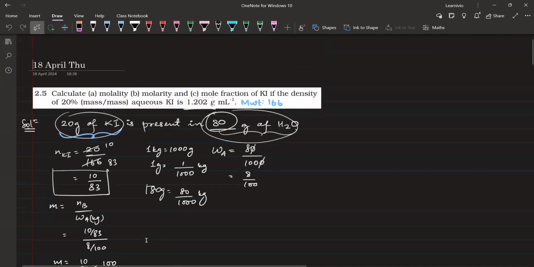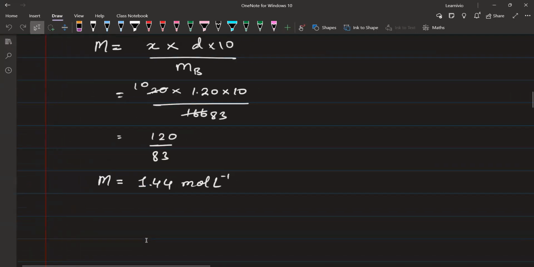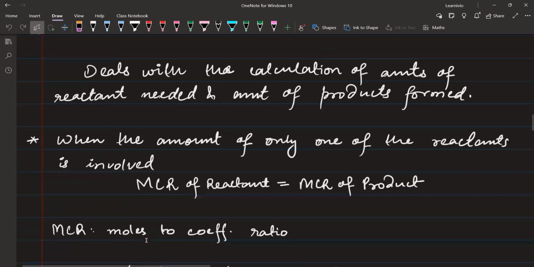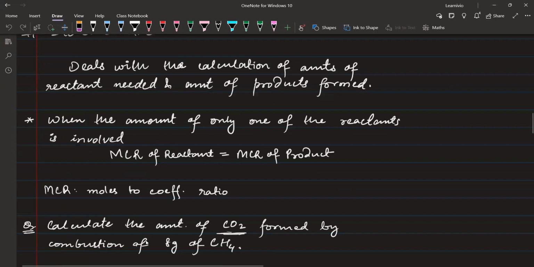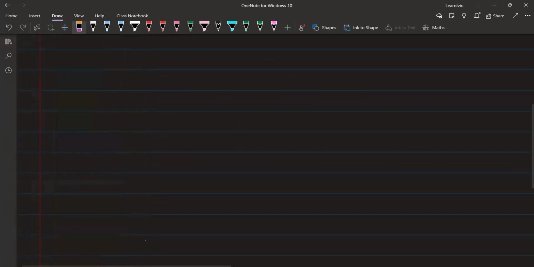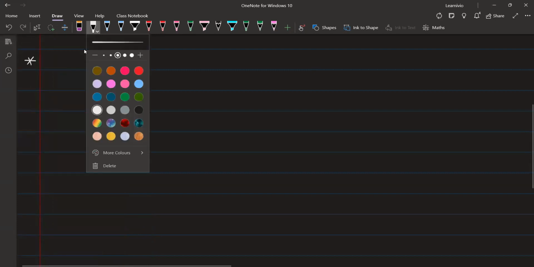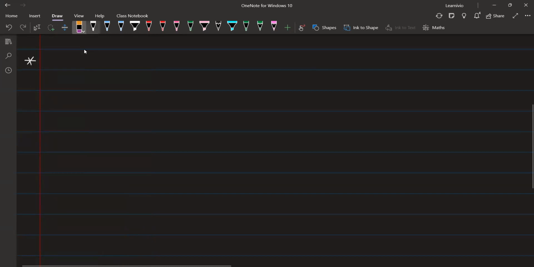I started with this point: if you remember, in stoichiometric calculation, when the amount of only one of the reactants is involved, then MCR of reactant is equal to MCR of product. This is how you are going to start. Now write another point with me.